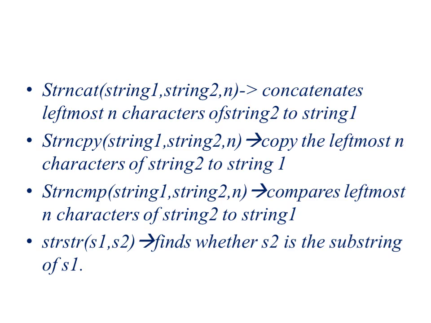Next, these four functions are special functions. First one is strncat. It is the same as strcat. The only difference is we can concatenate only a particular number of characters of one string to another string. In strncat, within parenthesis we have string 1, string 2, n. n is the number of characters, that is, the leftmost n characters will be concatenated to string 1.